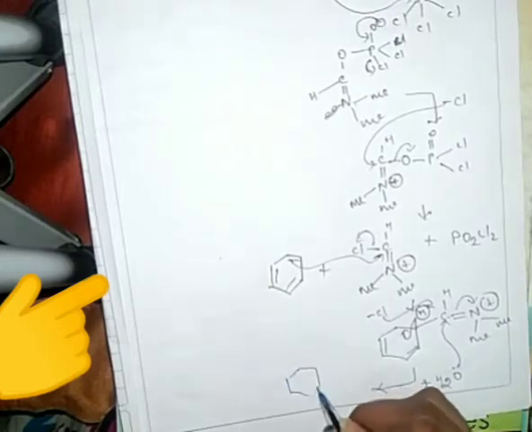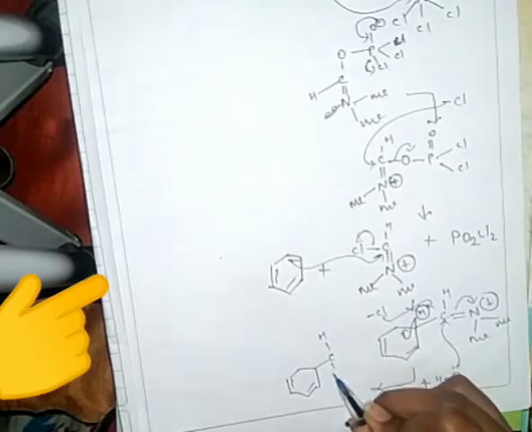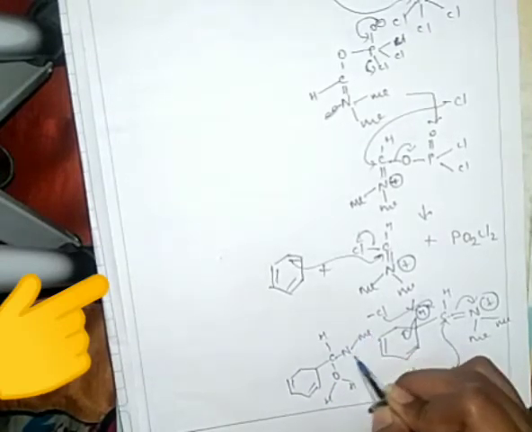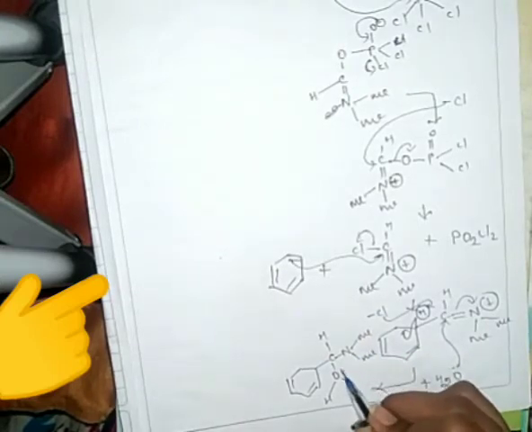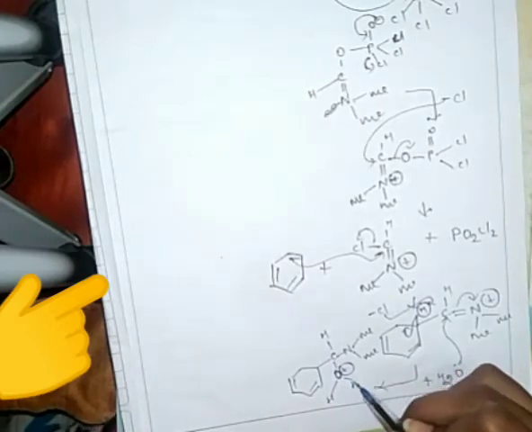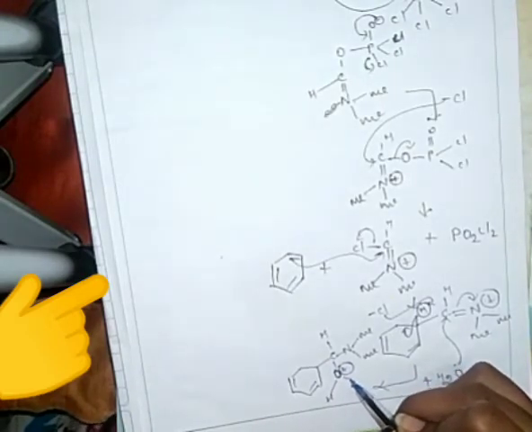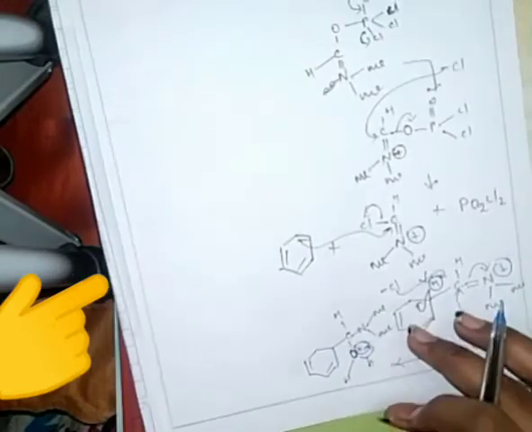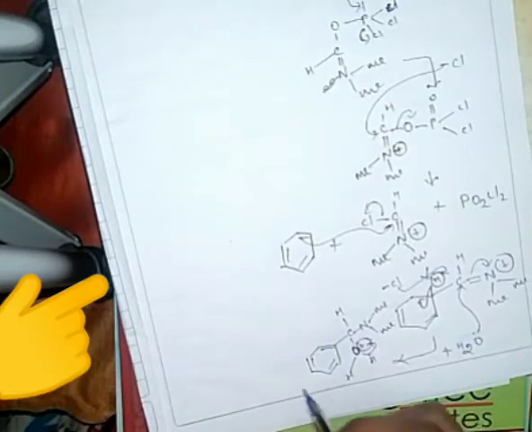We get the intermediate. On the next step, we know that oxygen only forms two bonds, so for stability of oxygen this bond is shifted there, and stability is gained by oxygen.